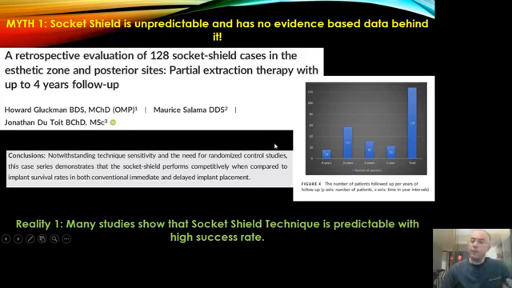So the proof of principle, since Hürzeler and Zuhr back in 2010, they've been keeping on going with some data.